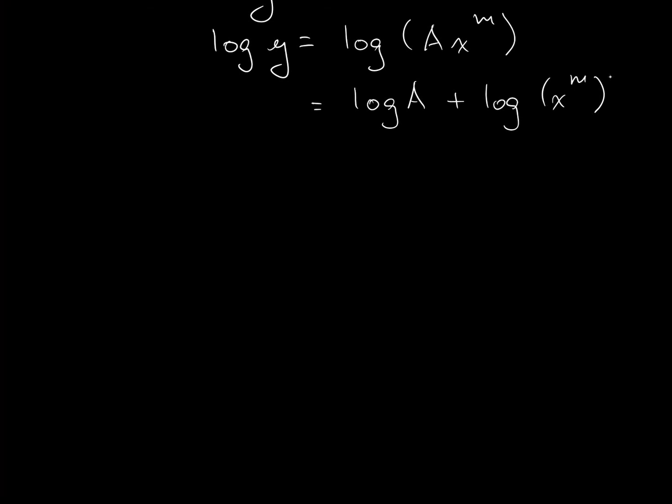When I have the power raised to the exponent, that just comes out. So this is log a, it's a factor, plus m log x. All right. So log a, that's just the logarithm of a constant. That's another constant, right? So let's be clever. Let's call that b.